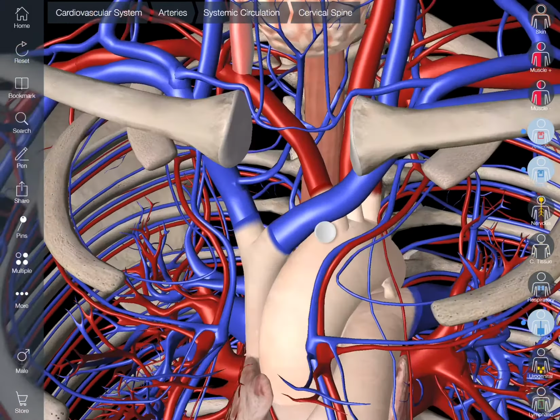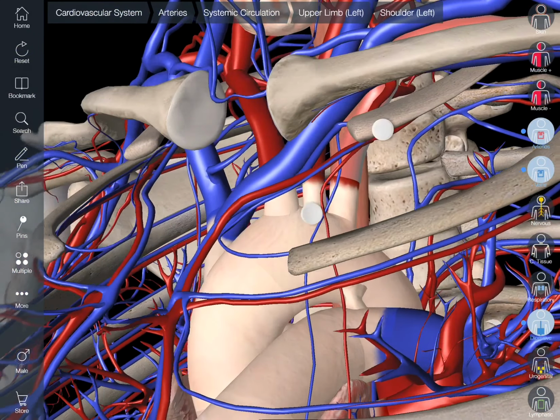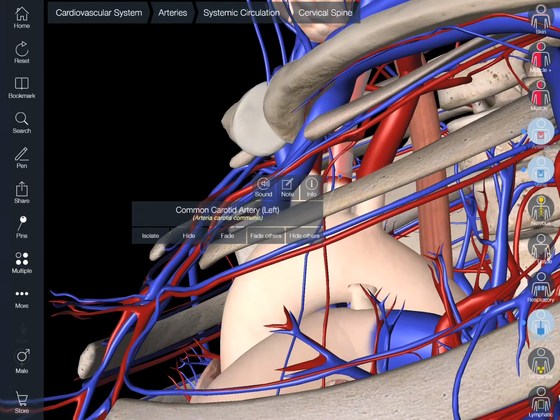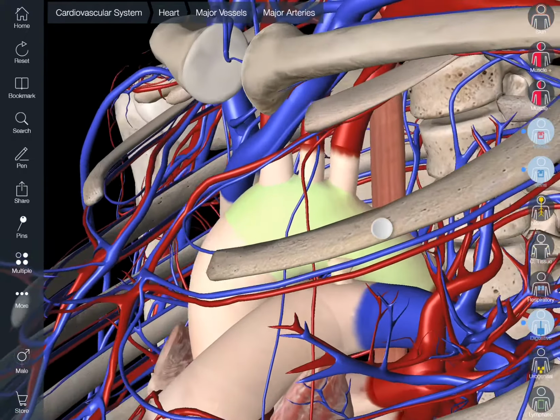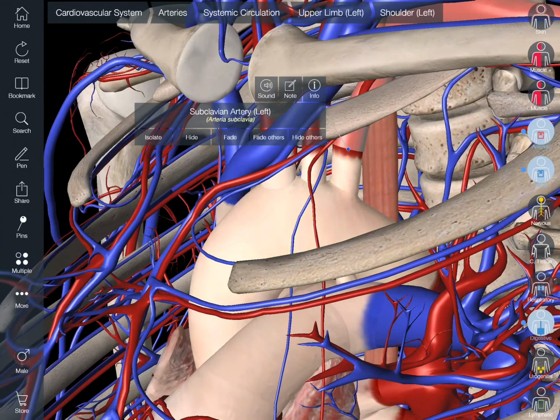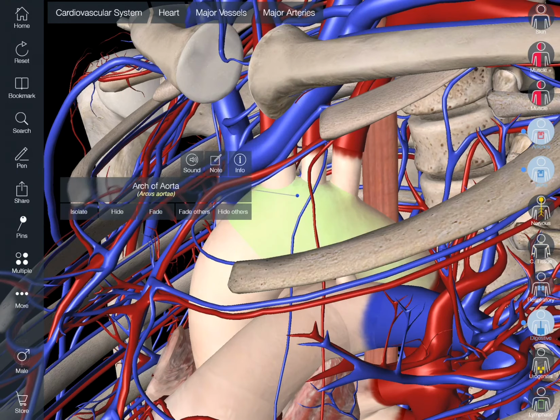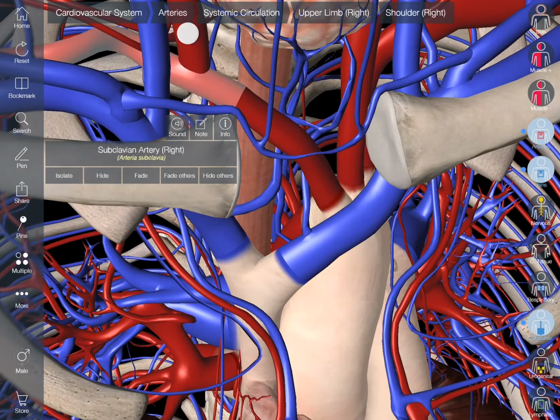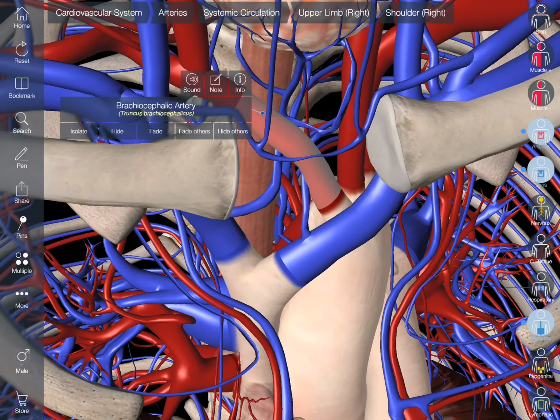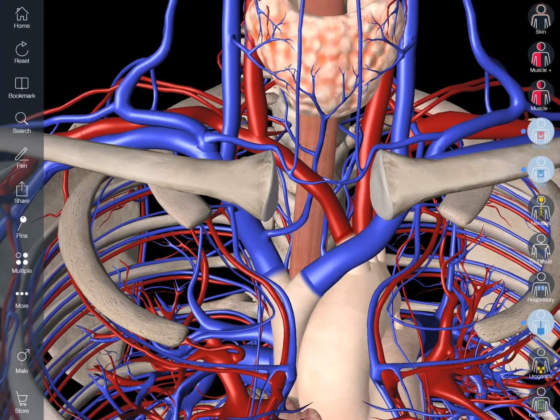But if we go to the left side, we have the subclavian artery and the common carotid artery directly from the arch of aorta. So on the left side, these two branches take off right from the arch of aorta, but on the right side, they branch off from the brachiocephalic artery, which branches off from the arch of aorta. So that's an important note.